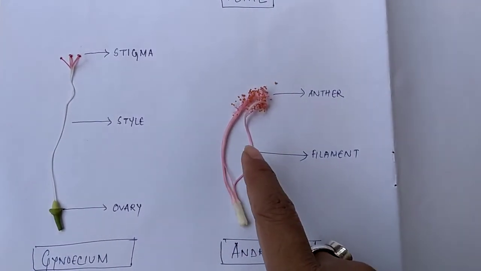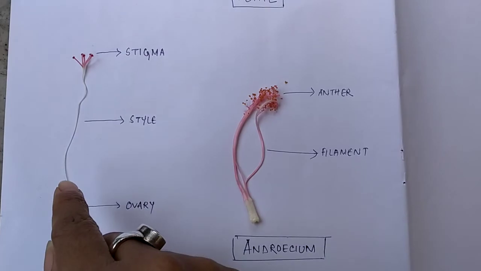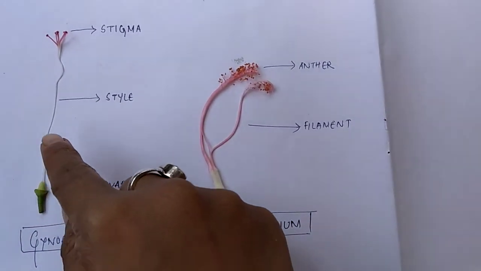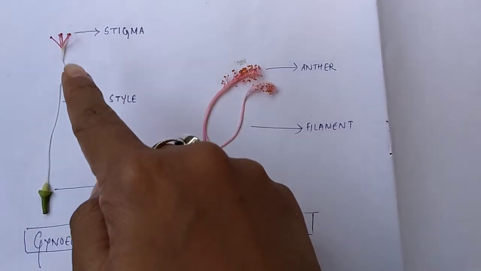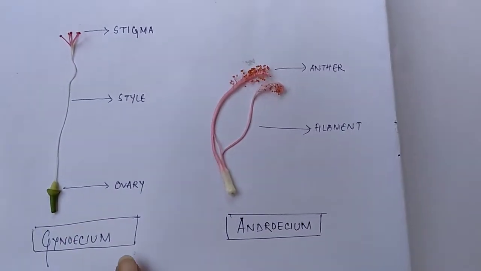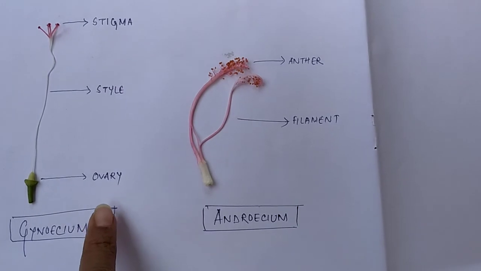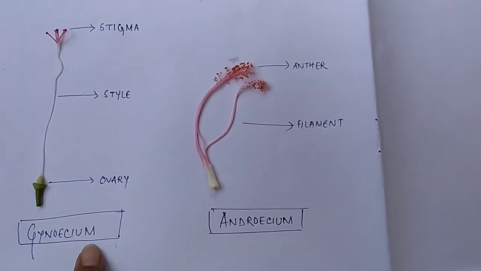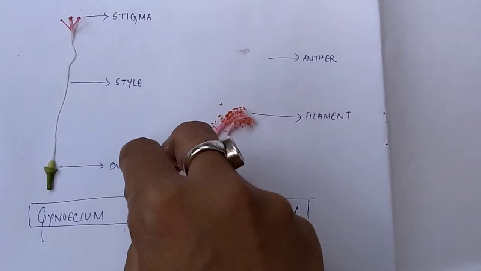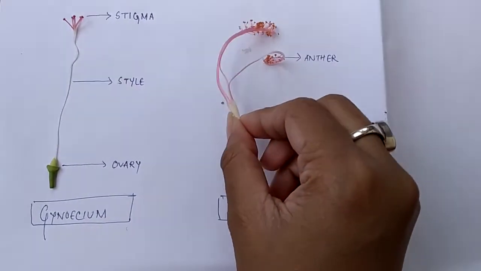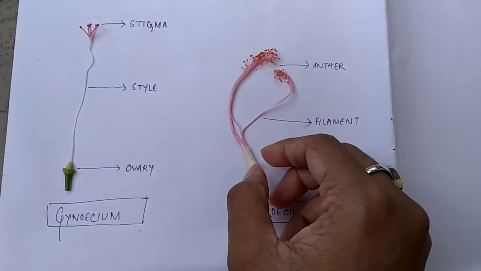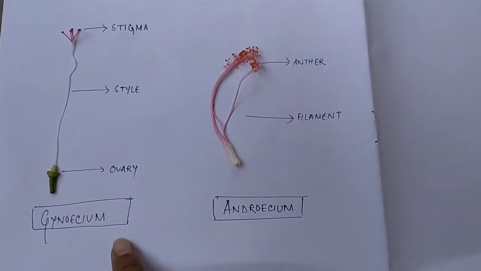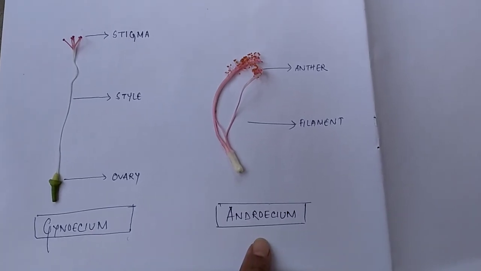And within this filament tube it encloses the style, that is, the gynoecium together. Now you can see the different parts of the gynoecium consisting of the stigma, style and ovary. So these are the dissected parts of a particular gynoecium and androecium.